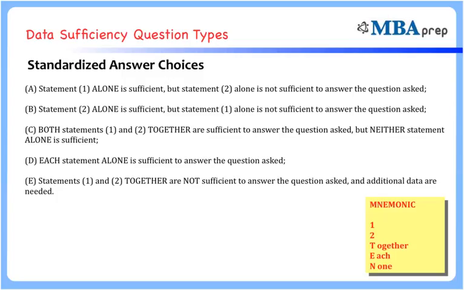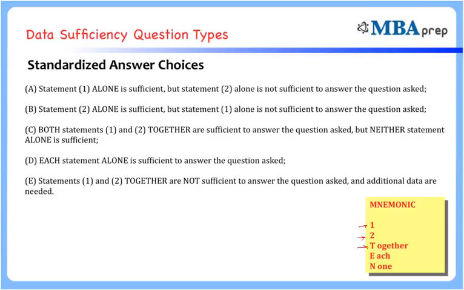The data sufficiency question types. You have this big text. So these are the 5 standardized answer choices. But I teach my students that you can use a mnemonic to know what's the answer. So we have the letter A, B, C, D, and E, which are: first statement only, second statement only, together.